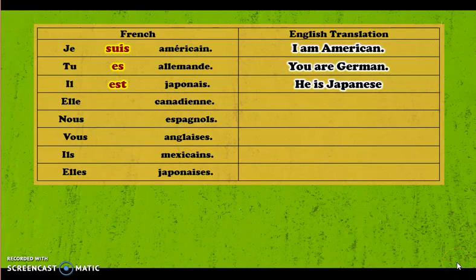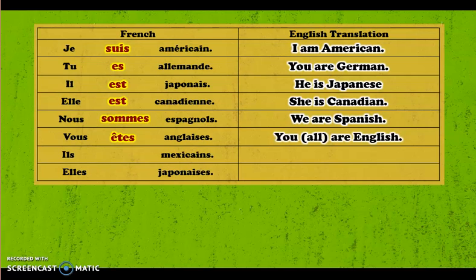Elle. Okay. Which means she. I want to say she is Canadian. Elle est canadienne. Okay, nous, this means we. The form that goes with nous is nous sommes espagnols, which means we are Spanish. Vous is vous êtes anglaise.